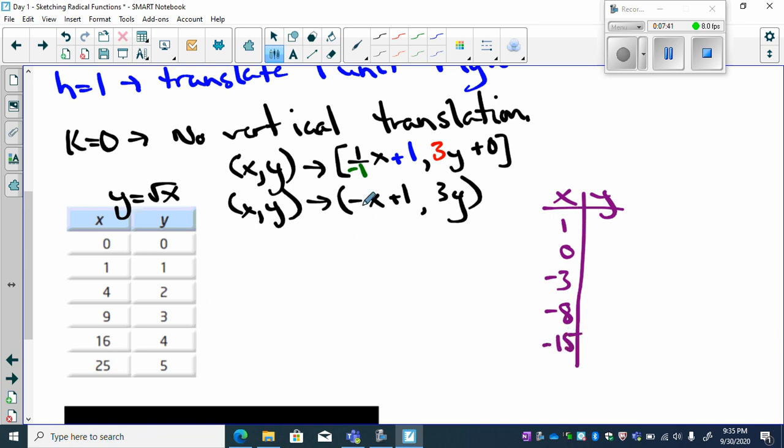And then 25 times -1 would give me -25, plus 1, -24. The y values, 0, 1, 2, 3, 4, 5, I'm just going to triple them. So it'll be 0, 3, 6, 9, 12, 15.